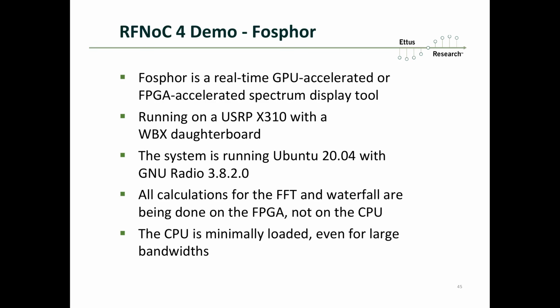I'll now show my screen and run a demo of RFNoC Phosphor, which is a real-time spectrum display tool. The hardware that I'm using is a USRP X310 and a WBX daughter board. The system is running Ubuntu 20.04 with GNU Radio 3.8.2.0.